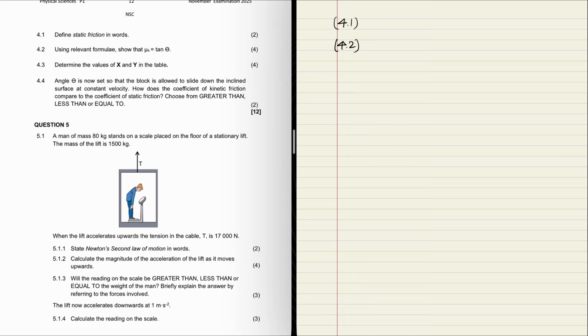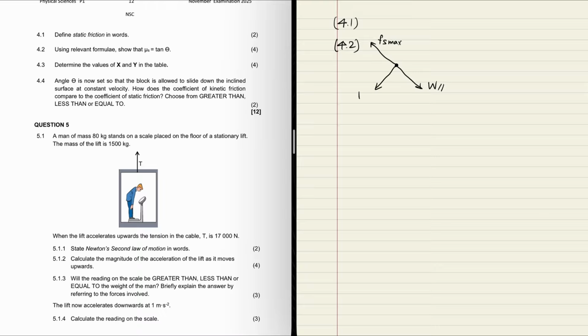So let's draw a free body diagram looking at the forces acting on the block as it's on this incline. Now this is not part of the answer, so we can draw the components. The forces acting here are friction, so static friction max, because it's just about to move. There's also the weight parallel, so gravity parallel, acting down the slope.